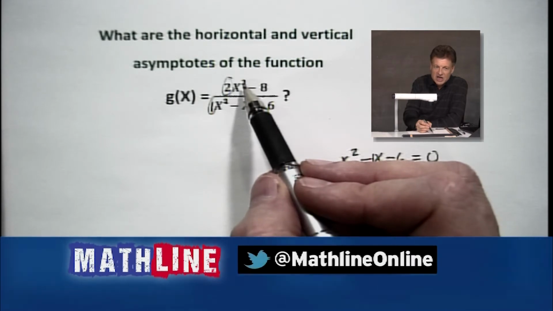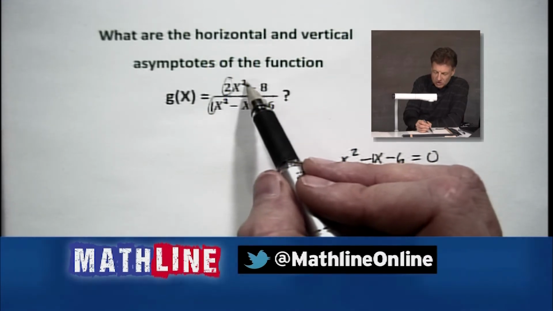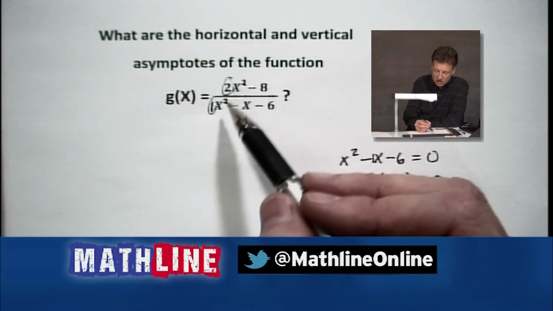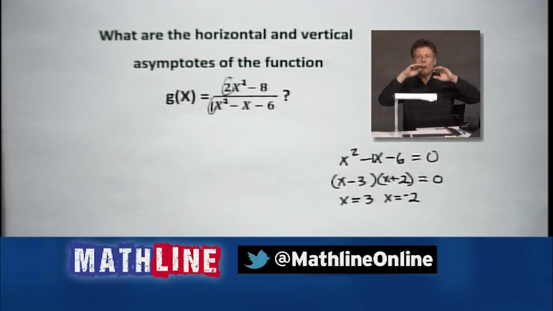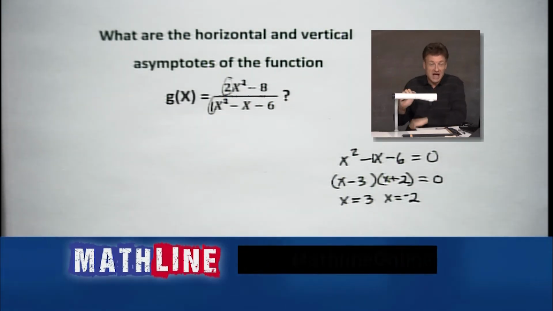If this exponent, which is 2x squared minus 8, had been 2x minus 8, we would have no problem whatsoever saying that exponent is smaller than this one. Y equals 0, which is, by the way, the horizontal x-axis, would be your asymptote, where it tries to get to, but never quite crosses that line.